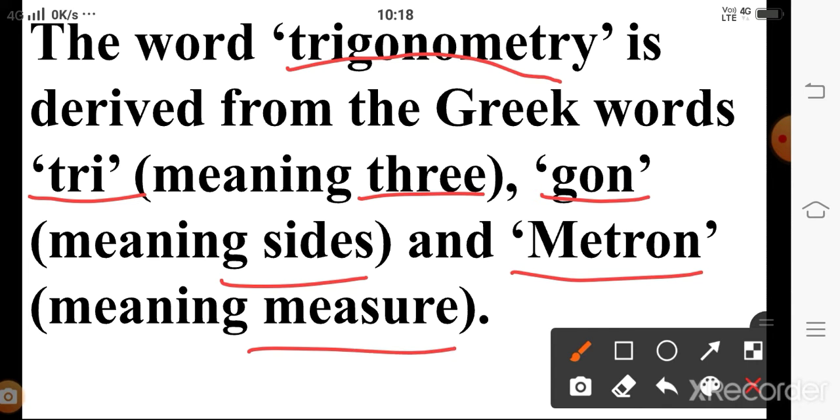Three angles, three sides we have, and the measure of all these things comes under trigonometry.